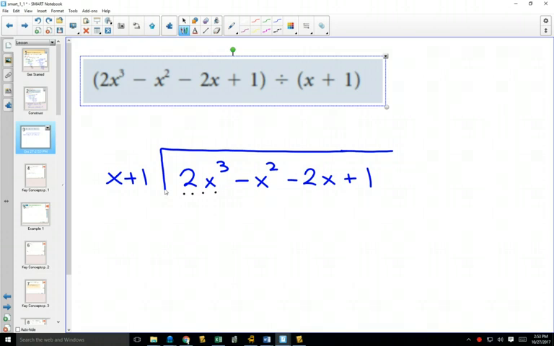And we're asking ourselves, what would I need to multiply x plus 1 by to get 2x cubed? 2x squared. So I'm going to write 2x squared over my x squared column. And sure enough, when I multiply 2x squared times x plus 1, I get 2x cubed, and I'll also get plus 2x squared.